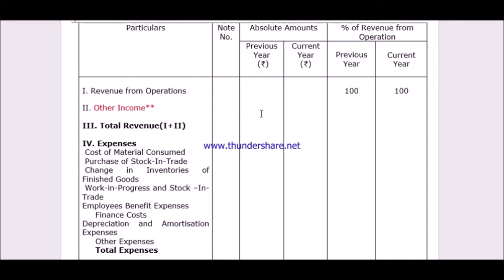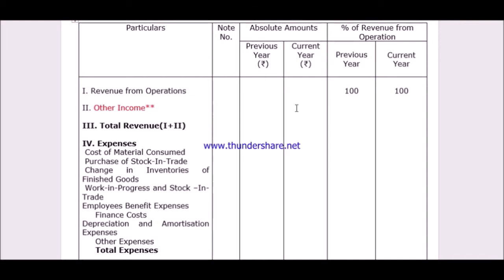Be very careful when you write the figures from the balance sheet or statement of profit and loss: previous year's figures here and current year's figures here, copied from the question.